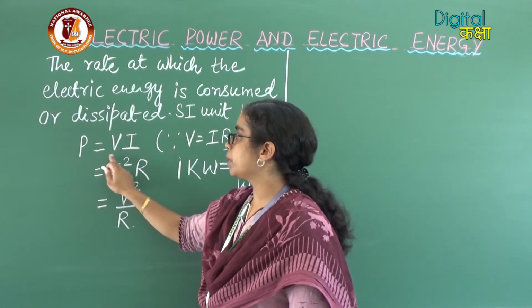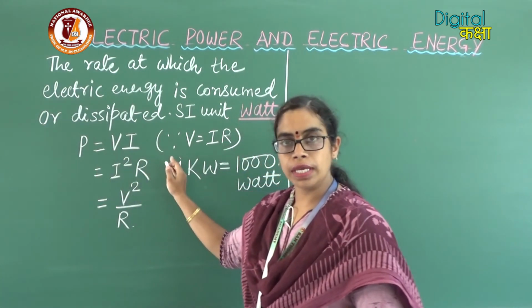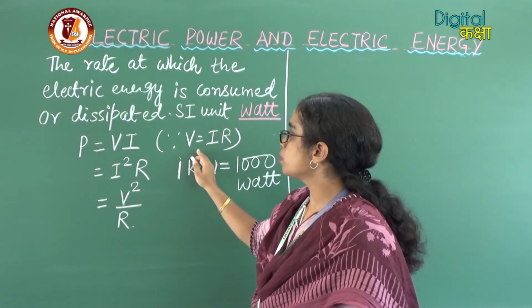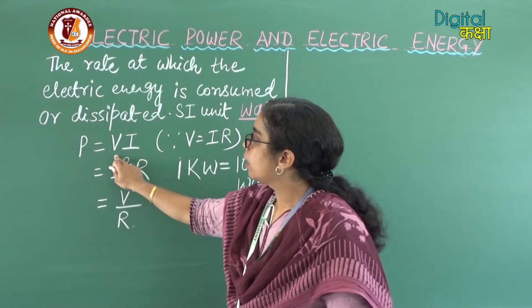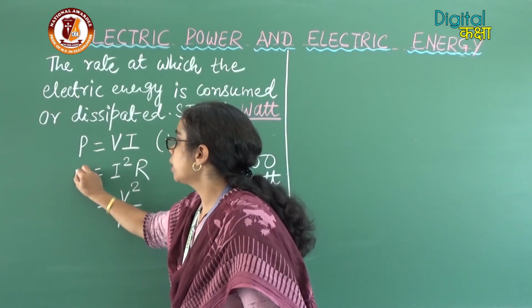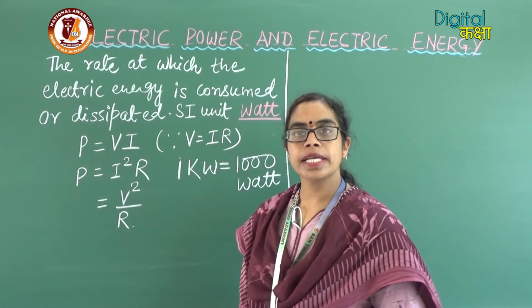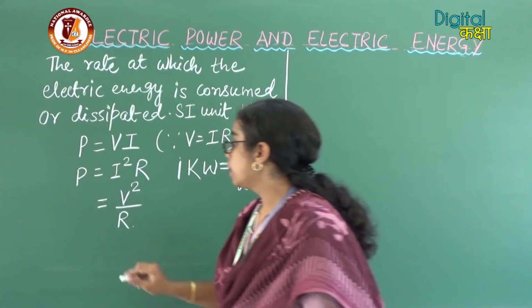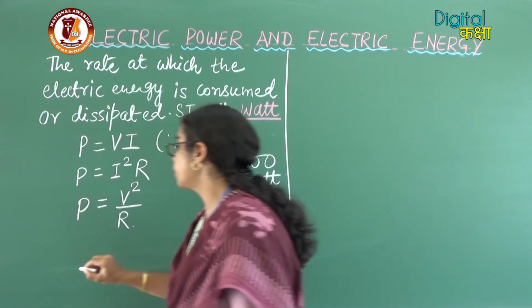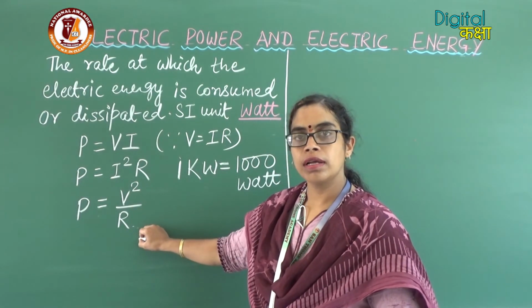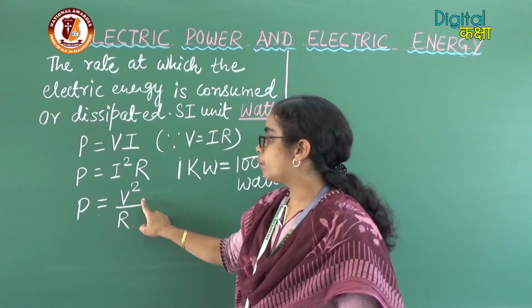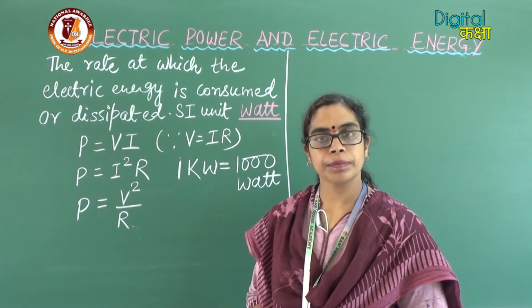So, power can be written as V into I. By using Ohm's law, when V is to be eliminated in this formula, the formula for power can also be written as I square R, and the third formula for the power is written here in terms of V and R, that is equal to V square upon R.